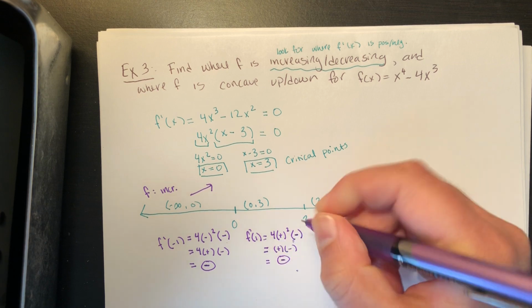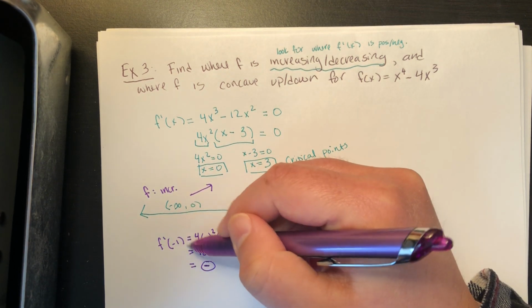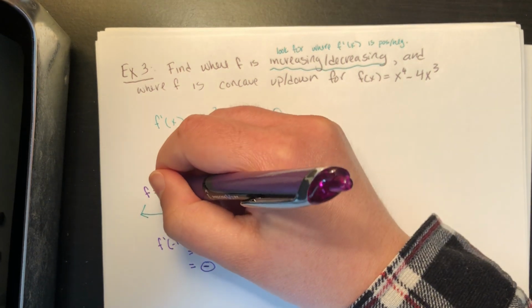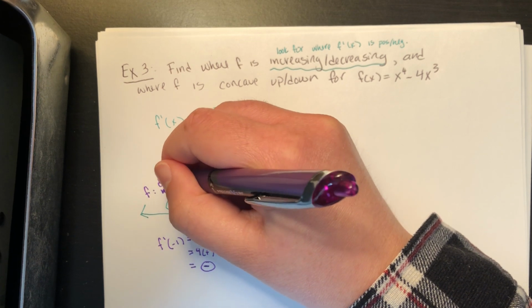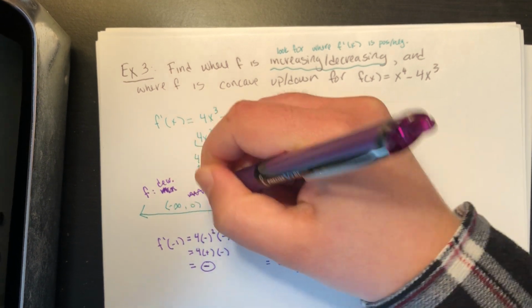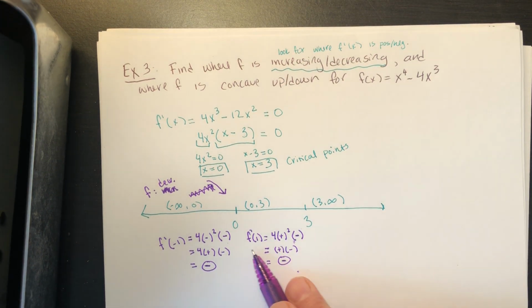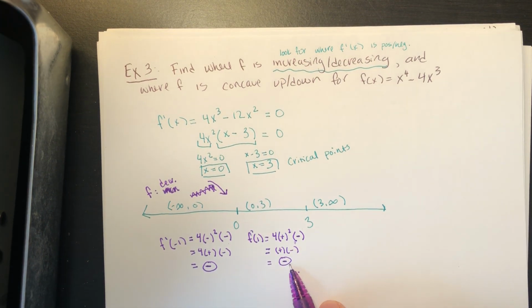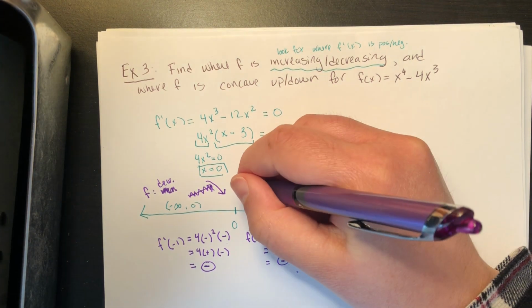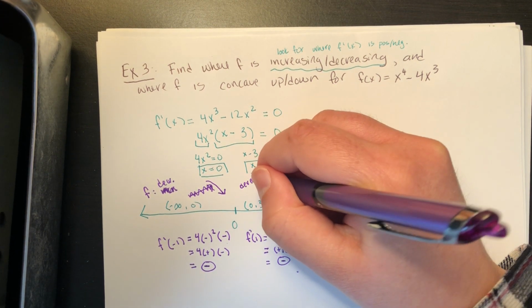Oh, what have I done here? When f prime is negative, that means f is decreasing, not increasing. Like I said, my brain is melting because of this quarantine. Decreasing. Alright, when we plugged in 1, we still got a negative number, which means f is still going to be decreasing on the second interval.